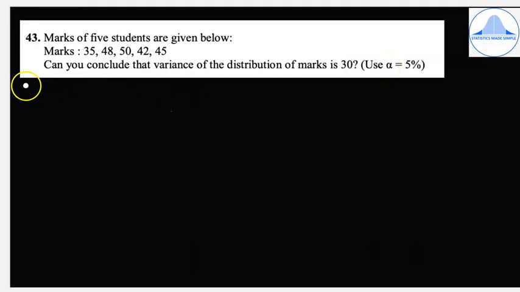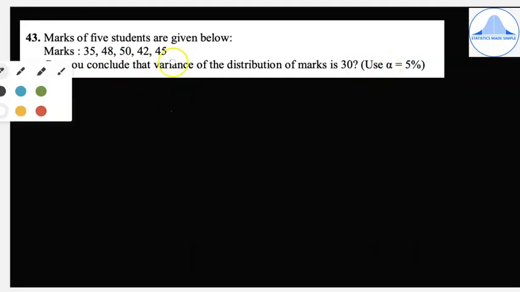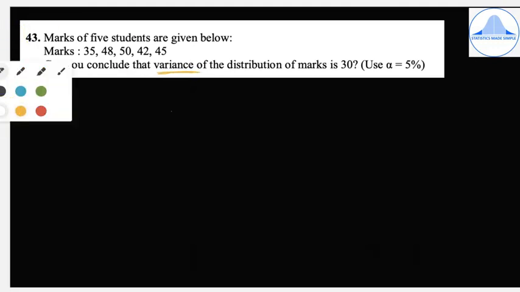Now in this particular question, only the word variance is used. So if the word variance is used or only the word standard deviation is used, then it is chi-square test for population variance. Okay, so now you have to keep in mind the format of the null hypothesis and the alternative hypothesis.